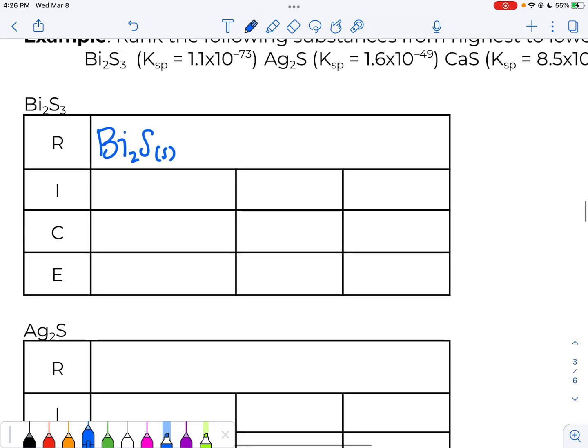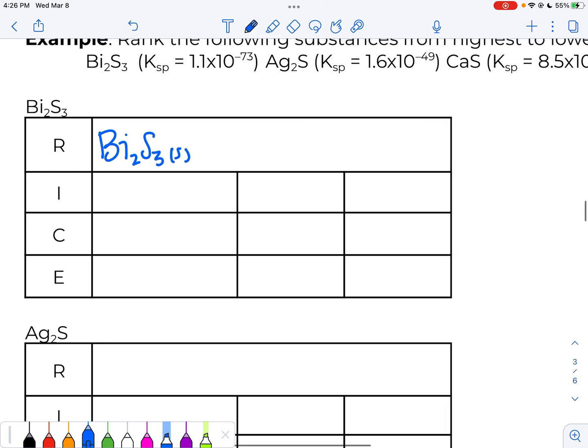Bismuth sulfide, Bi2S3, is going to break apart to form bismuth, Bi3+, and sulfide, S2-.